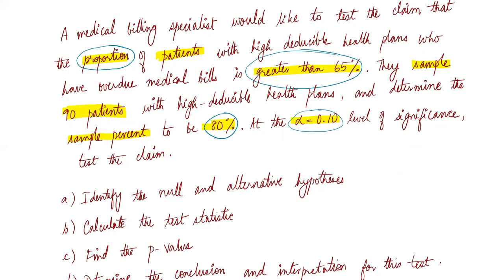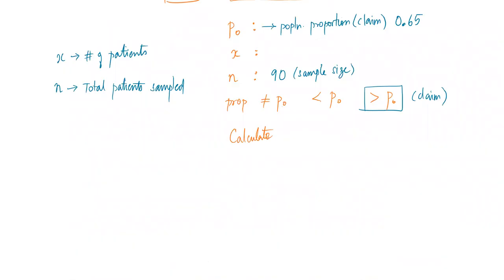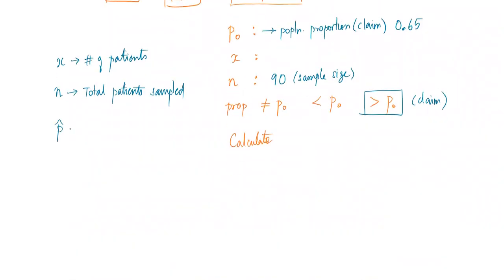Focus on the sample: the sample proportion is given as 80%. So P hat was 80%, which is 80% of 90 patients. We'll use this to find X. The relation between P hat, X, and N is that P hat is X over N.